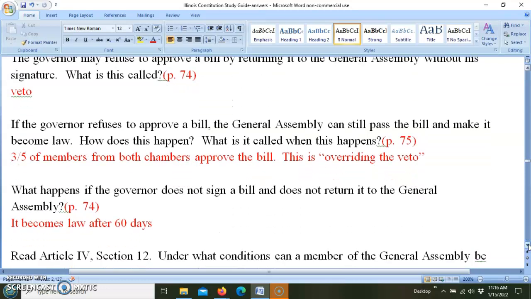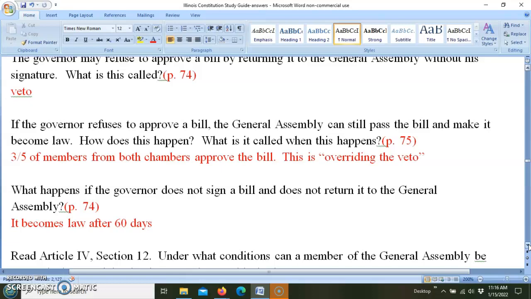What happens if the governor does not sign a bill and does not return it to the General Assembly? Remember, for a veto, the governor doesn't sign the bill, but he still has to return the bill unsigned to the General Assembly. If he refuses to return it to the General Assembly, that bill will become law after 60 days.